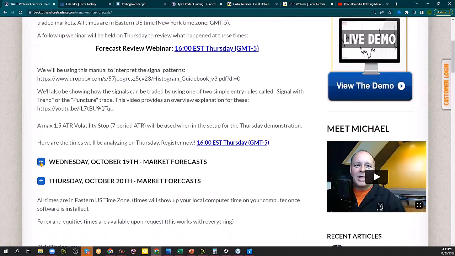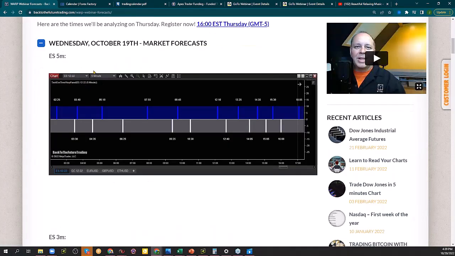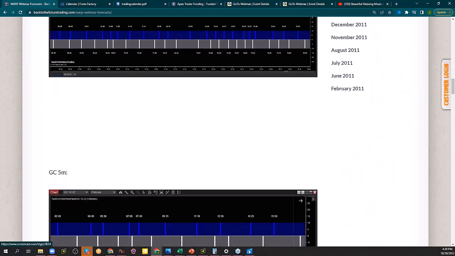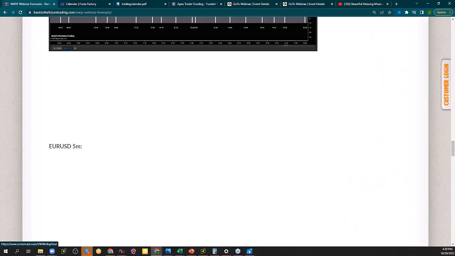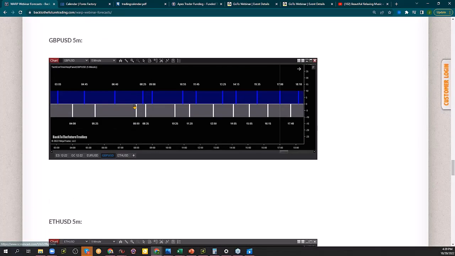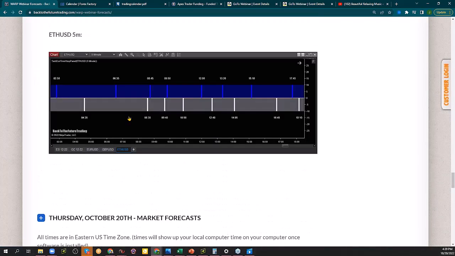And then you just go to that little plus there, and then you can see all the times for the ES, 5 minute, 3 minute, crude, gold, and on and on, even some cryptos in there, some forex, well, forex futures, technically.